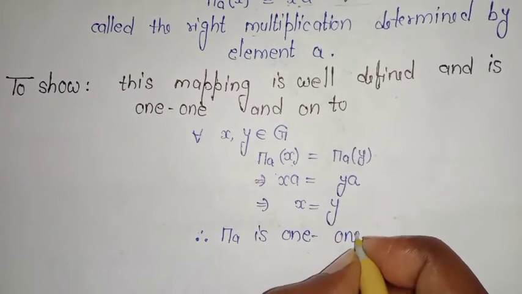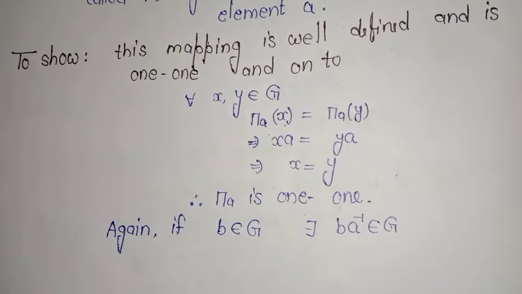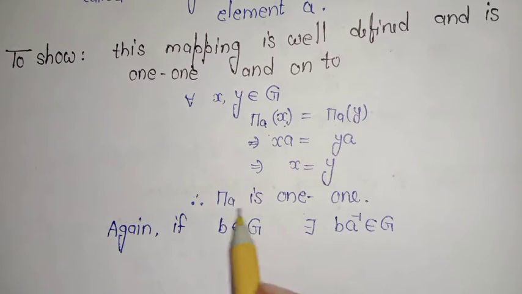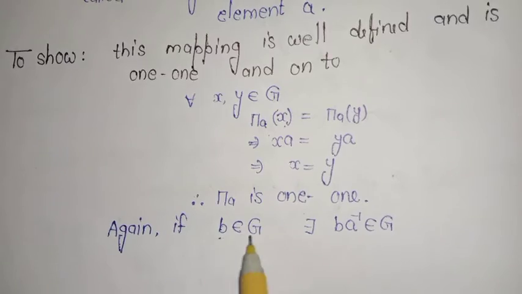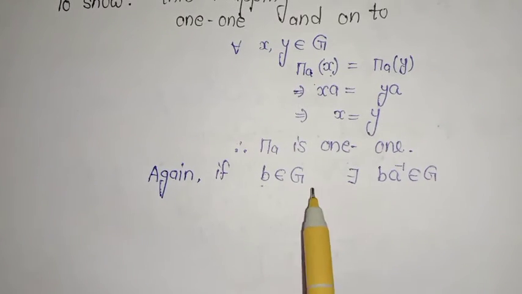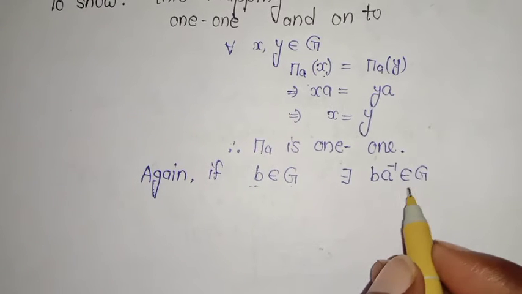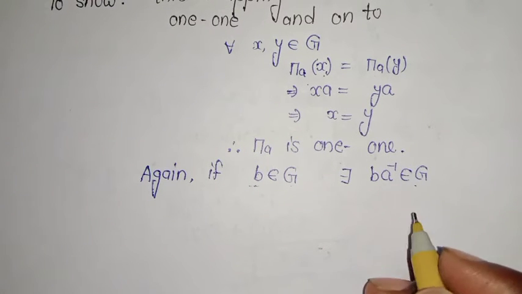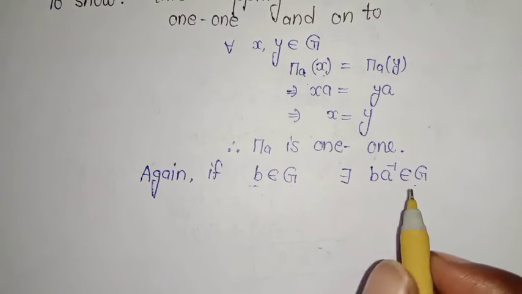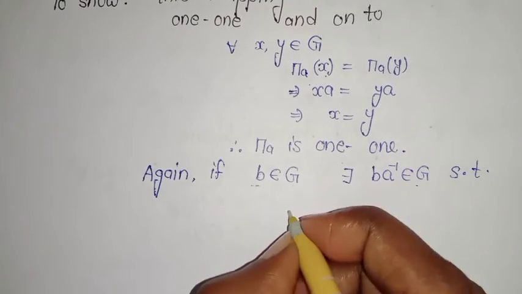Now we have to show that pi_a is onto also. To show this, we choose one element from the codomain; the domain and codomain are the same, G to G. We show that corresponding to each element in G there exists a pre-image in G. So take b in G and consider b a inverse.